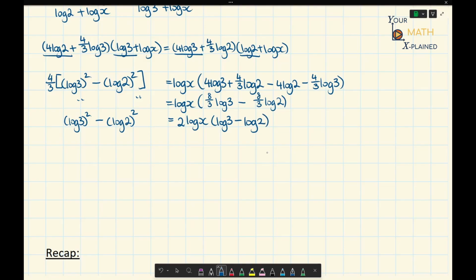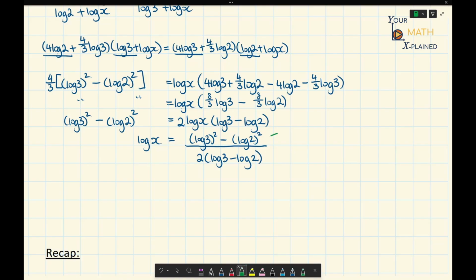And now finally, we can go ahead and isolate log x. So we get log x is equal to log 3 squared minus log 2 squared over 2 times log 3 minus log 2.